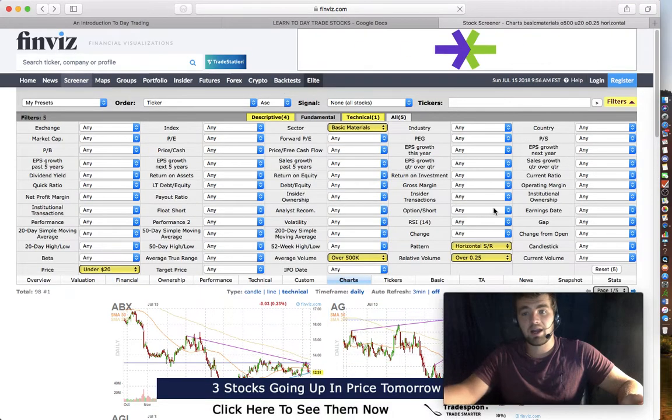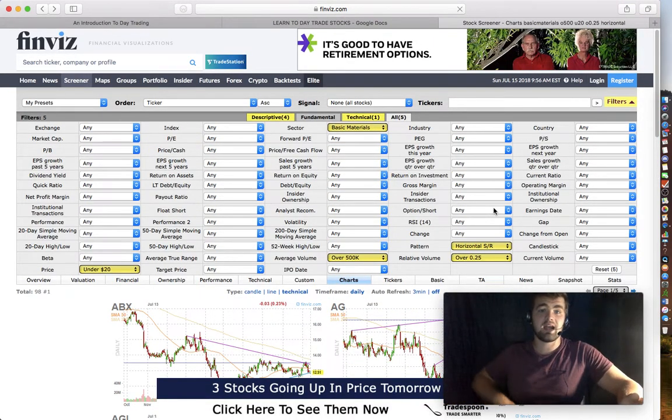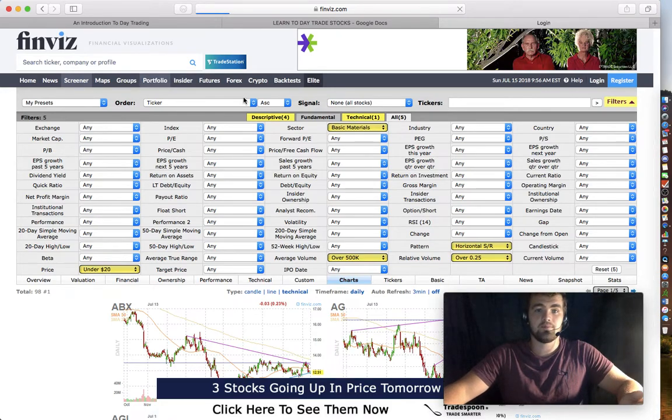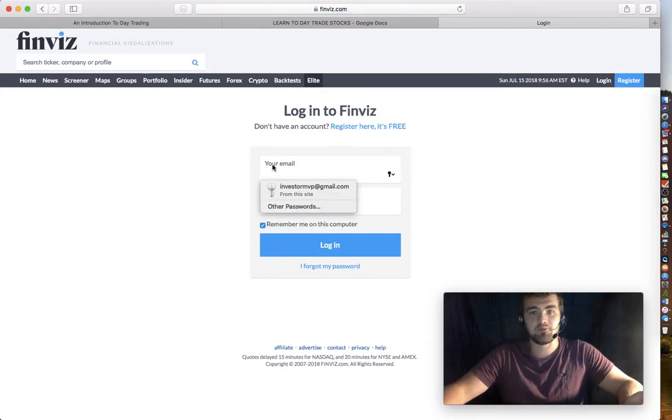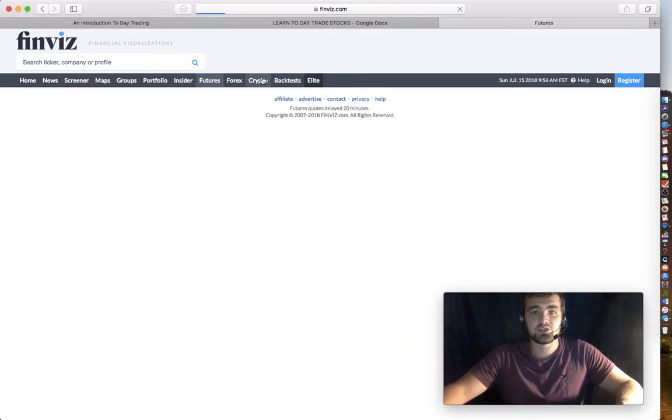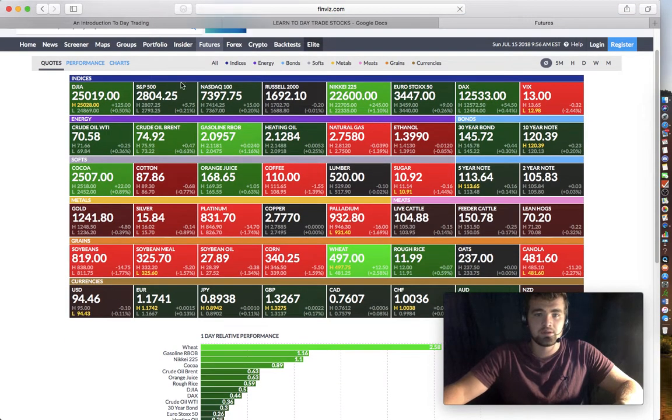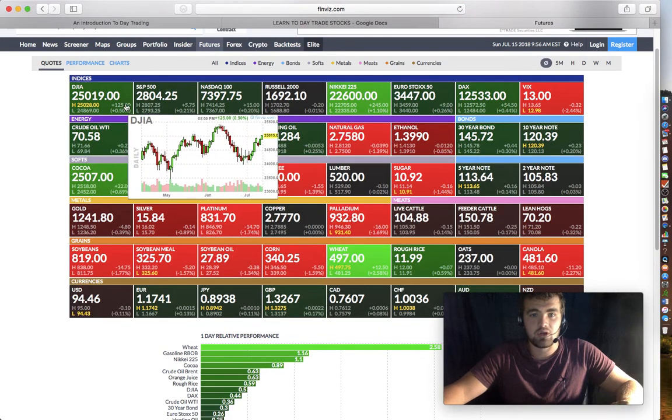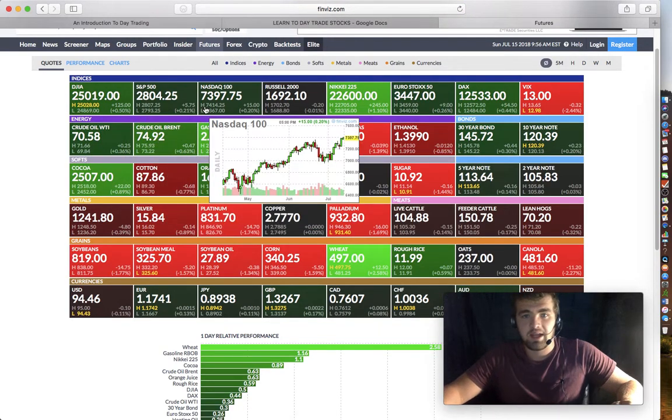So that's how I use FINVIZ, and FINVIZ has a ton of other options here. They have a profile where you can register and pick stocks, and they have futures. So you have the S&P, the Dow Jones, the NASDAQ.